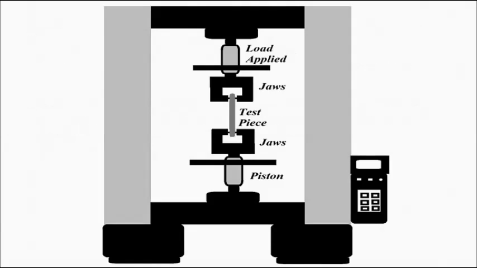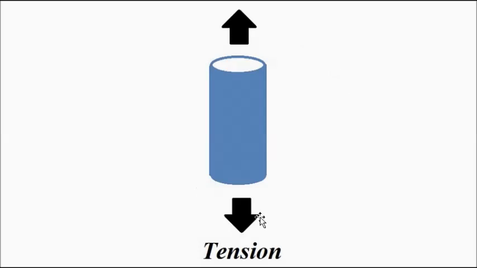So the tensile test machine looks something like this, the whole structure, and it consists of two jaws which hold the test piece, and these two jaws try to pull the test piece in opposite direction. Application of load is in this direction.